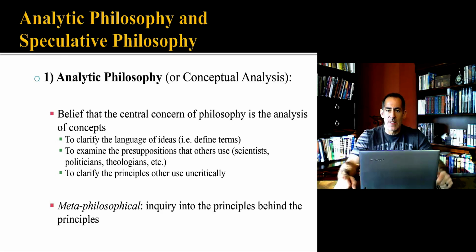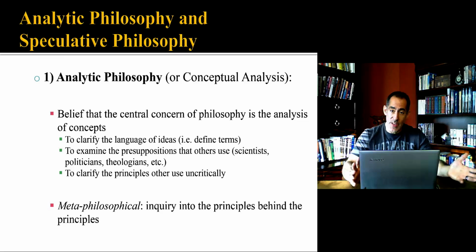It may be designed to investigate the presuppositions that other people tend to use uncritically. Perhaps you're a scientist. There are certain presuppositions that you hold to that you may have never analyzed or critiqued. So a scientist, for instance, would be uncritical and accepting of a principle like the principle of causality. Really can't do science without a principle of causality.